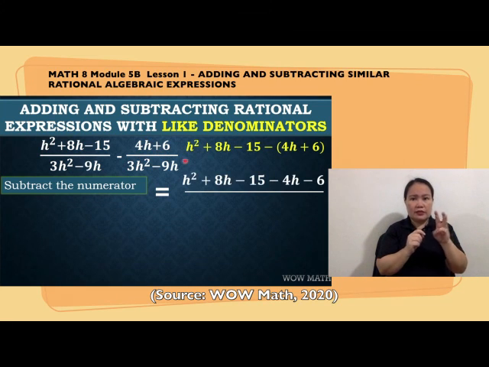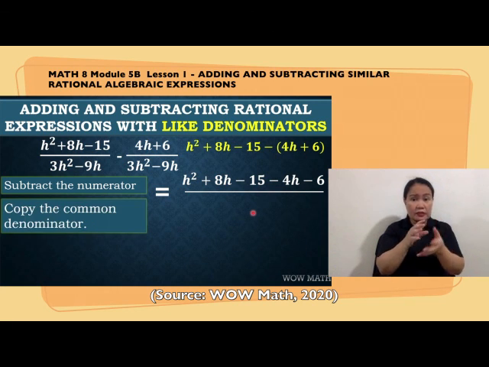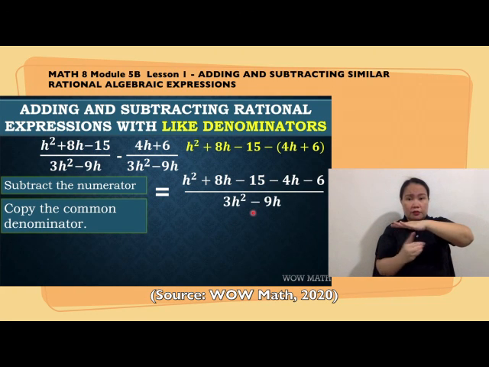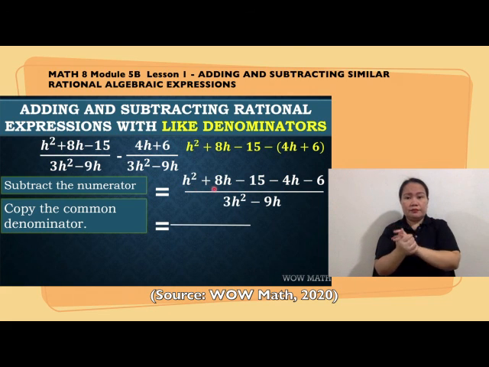So, we will change the sign of our subtrahend. So, copy your minuend. So, ito pa rin siya. And then, ito, positive magiging negative. Positive magiging negative. Okay? And then, copy the common denominator, which is your 3h squared minus 9h. So, we will now have combined similar terms. So, meron ba ditong pwedeng pagsamahin?